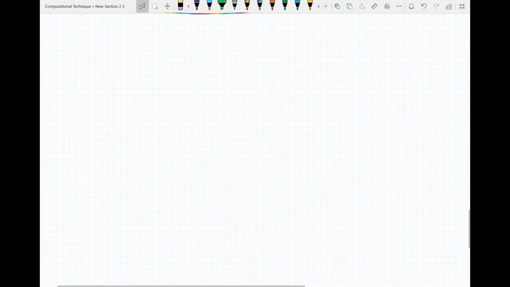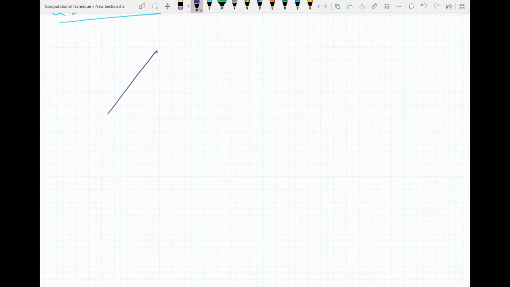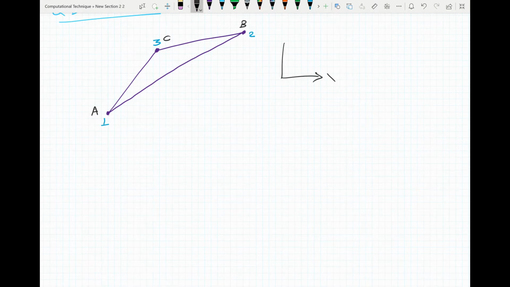Now if you move into 2D elements, let's say we have a triangle element that looks something like this, and our triangle element has 3 nodes. Let this be node 1, this be node 2, and this be node 3. Let's label this one as A, this one as B, and this one as C. In a 2D element, you'll have 2 degrees of freedom at each node, in the X and Y direction.